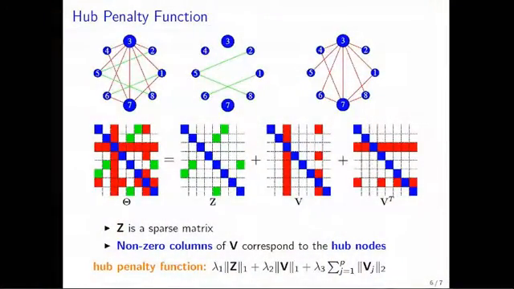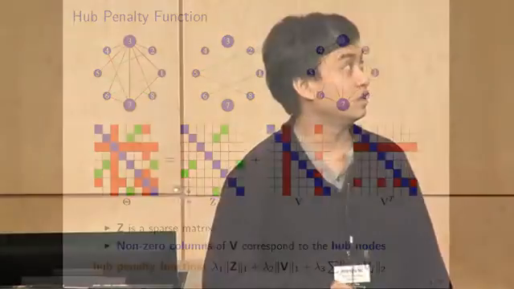We propose the hub penalty function to learn graphical models with hubs. We assume that the full graph on your top left corner can be decomposed into a summation of two graphs, an Erdős-Rényi graph with green edges, and a graph solely consisting of hub nodes with red edges. In this example, feature number 3 and feature number 7 are the hubs.